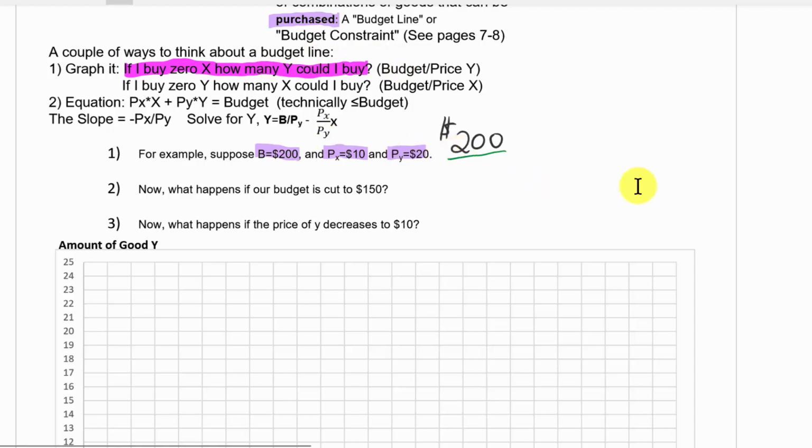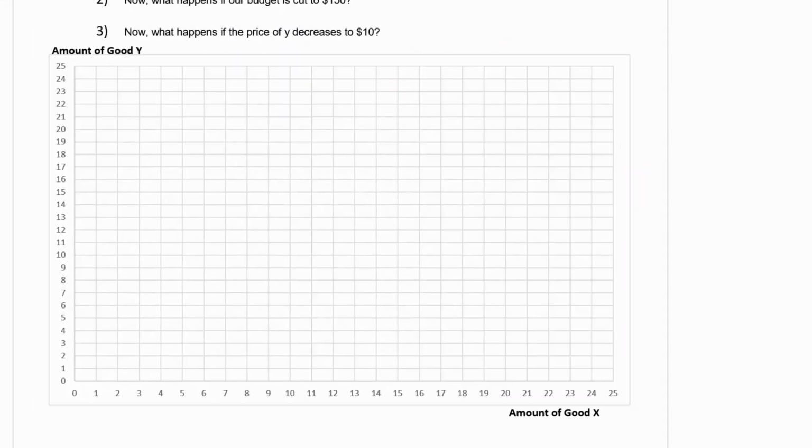So if you have $200 and each Y that you might buy would cost $20 a piece, that tells you that you could afford 10 Ys if you spent all your money, if you spent all 200 on those. So let's graph that point. So that point is going to be right down here where we're looking at 0 X's. We could afford 10 Y's.